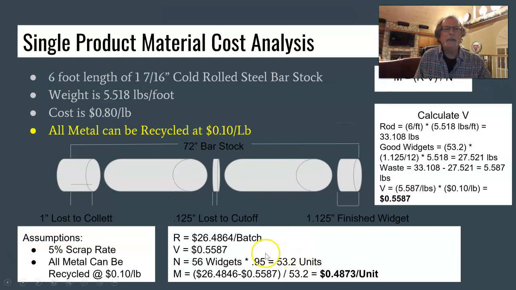Now, let's take the same assumption. Everything is the same, but we have a 5% scrap rate and the metal can be recycled at 10 cents a pound.